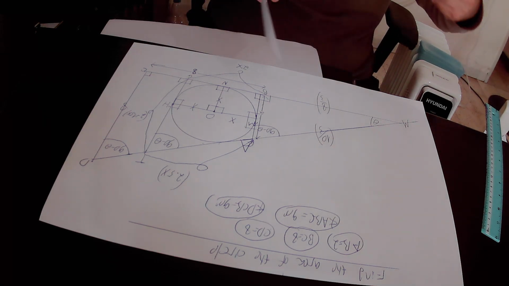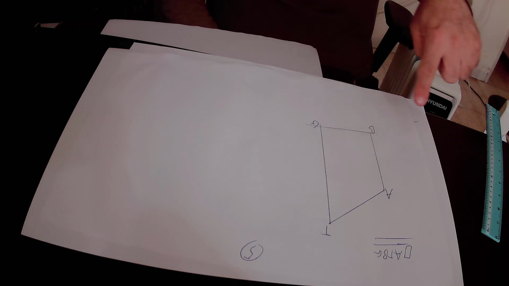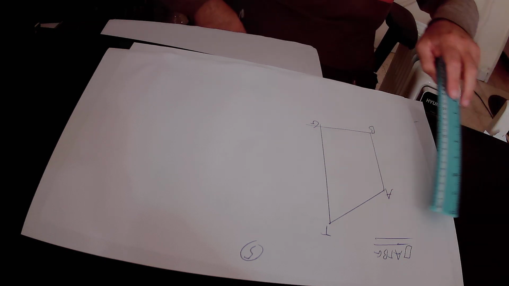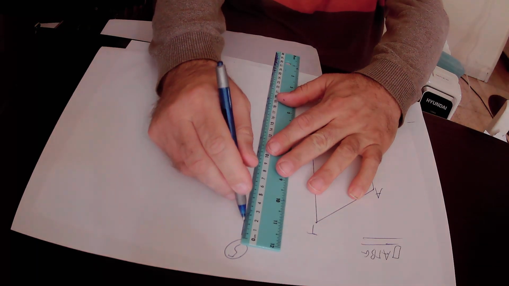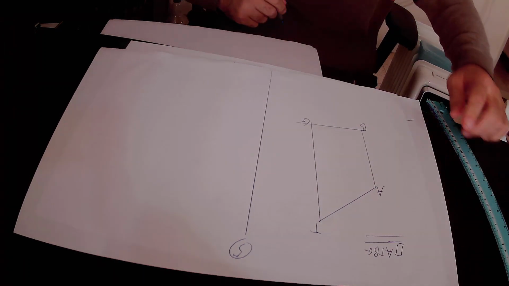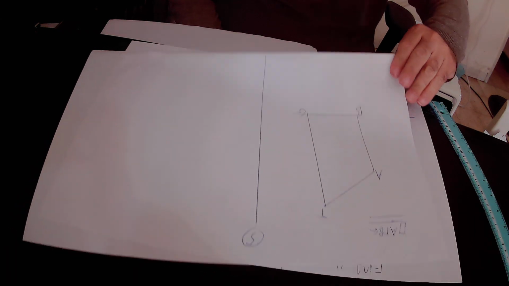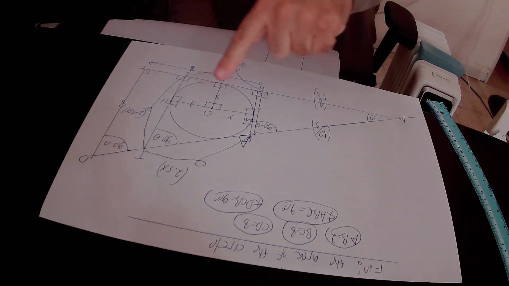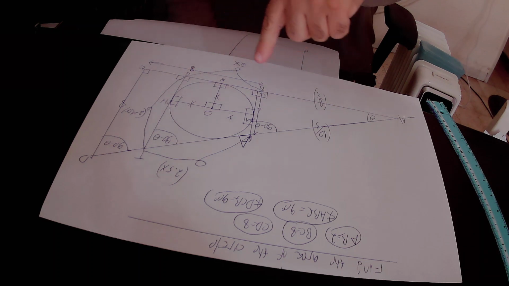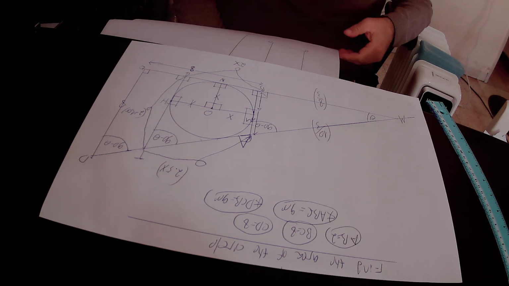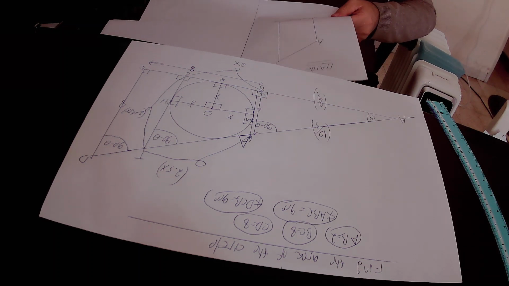Actually, this is quadrilateral ATBG that I copied from the original drawing. This quadrilateral ATBG encloses a circle. This is the circle that the quadrilateral encloses, so I copied the circle in the new drawing here.